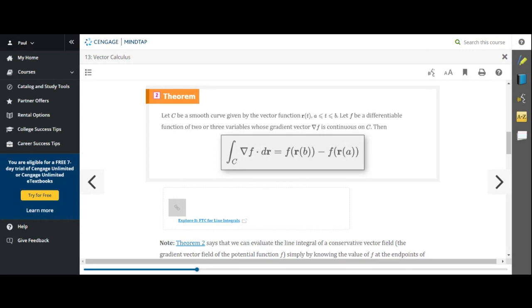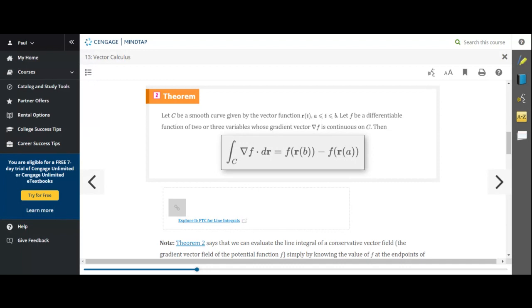How many remember in section 13.2 when you computed line integrals along some path C, you had to come up with the parameterization for that curve C? How many remember that? Having to find parameterizations of line segments and circles and things like that.